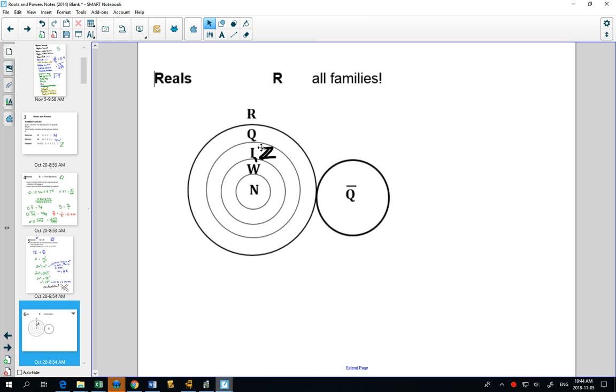All of the integers can be written as fractions. And everything together, the rational numbers and the irrational numbers, make up the real number system which we deal with. And we don't go into the imaginary or the complex number system.